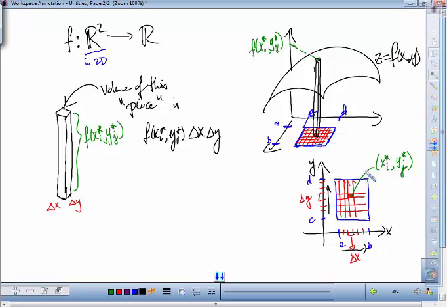and x values. Then we kind of have a Riemann sum embedded within a Riemann sum. So going along the x, we're going to add up all the x components, x_i star, y_j star, delta x, where the i values go from 1 to some n.